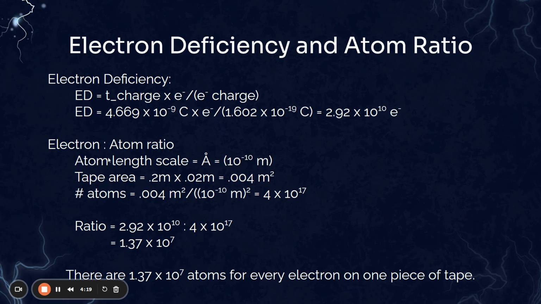Dividing the tape area by the atom length scale squared gives us the total number of atoms, which is 4 times 10 to the 17th atoms. Then doing a ratio between the electron deficiency and atoms, we got that there are 1.37 times 10 to the 7th atoms for every electron on one piece of tape.